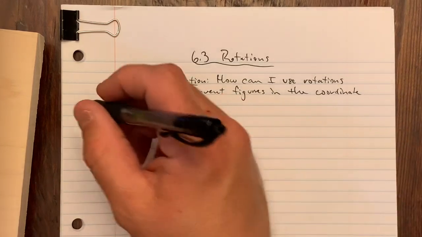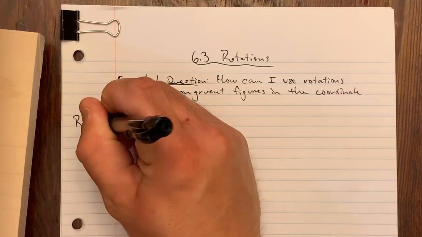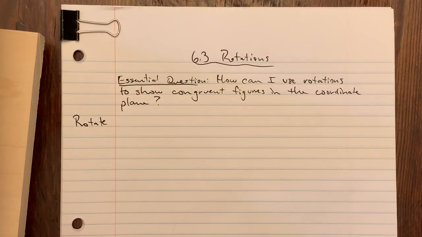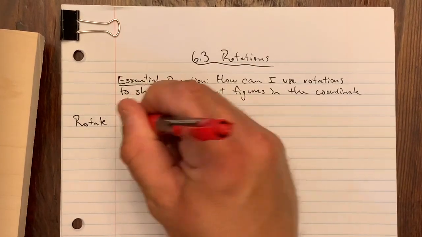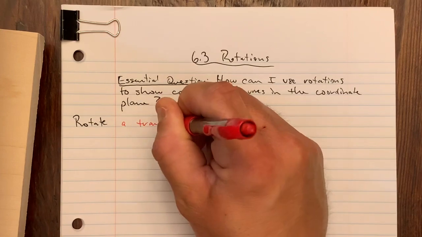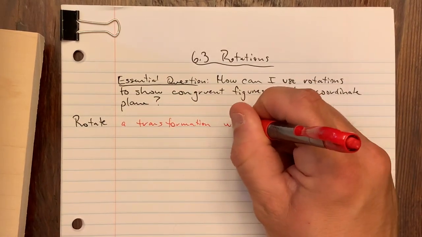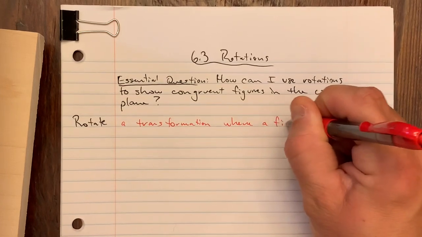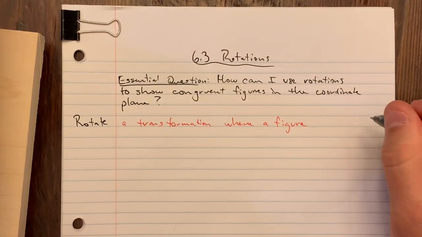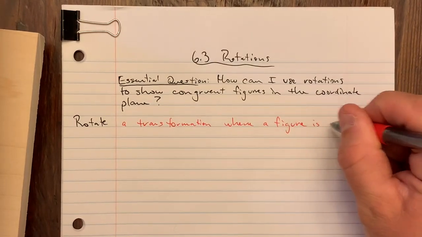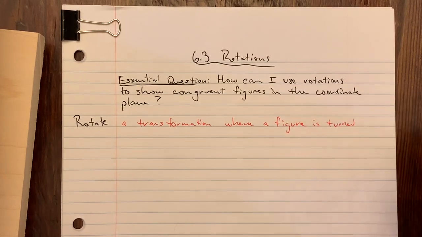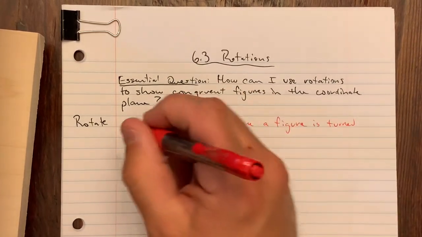All right, so let's go ahead and define rotating or rotations. It is a transformation where a figure is turned about a fixed point.